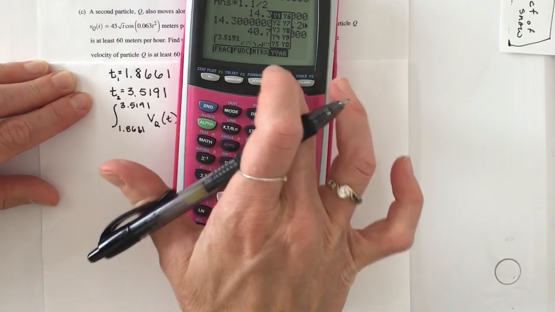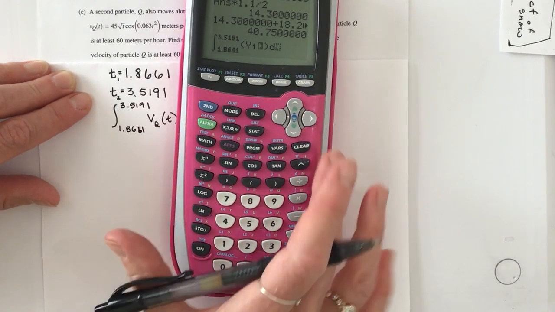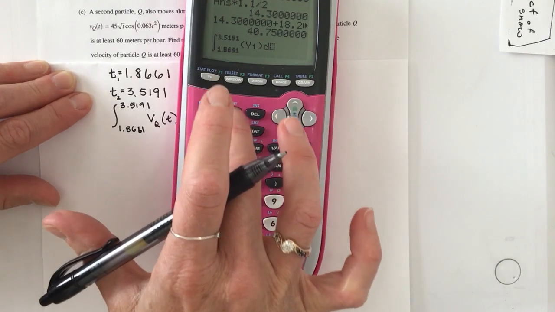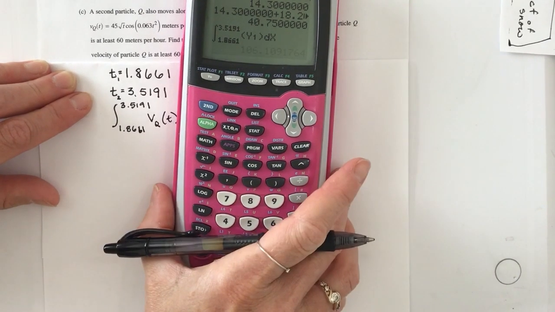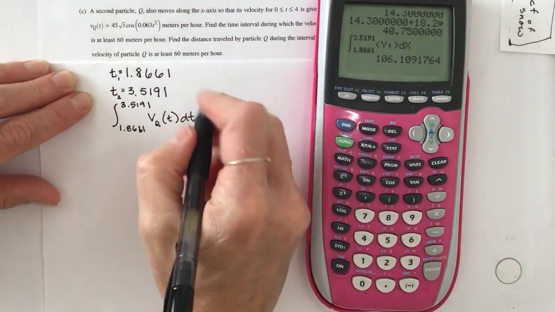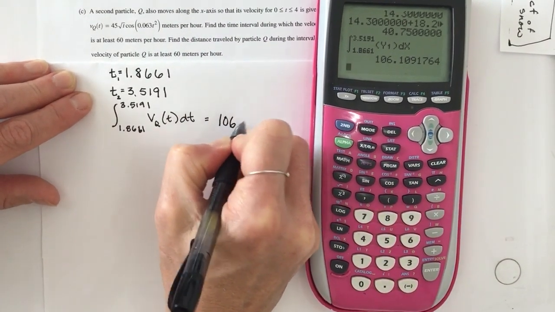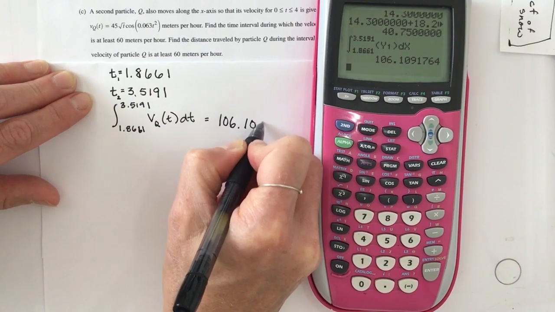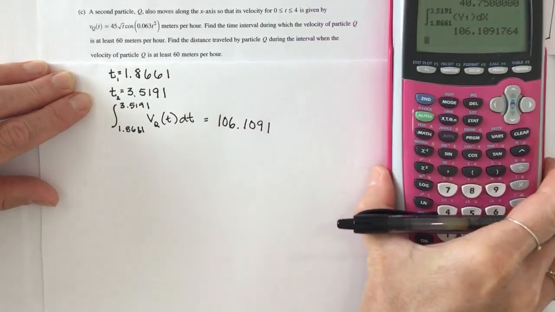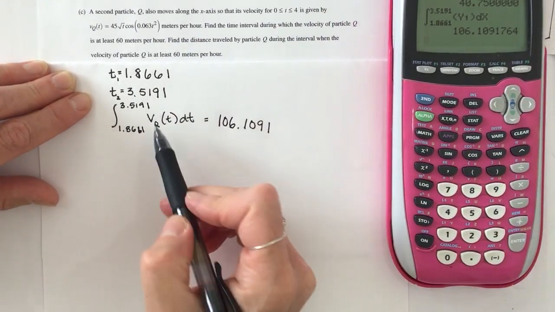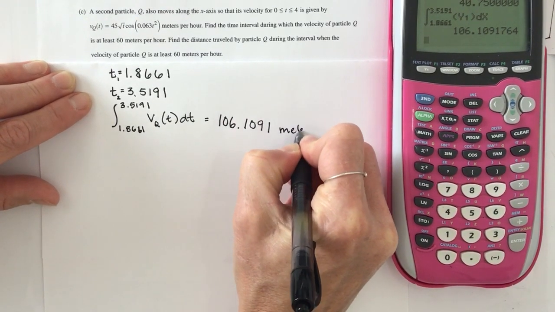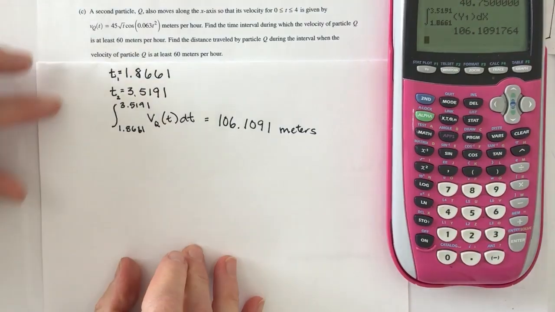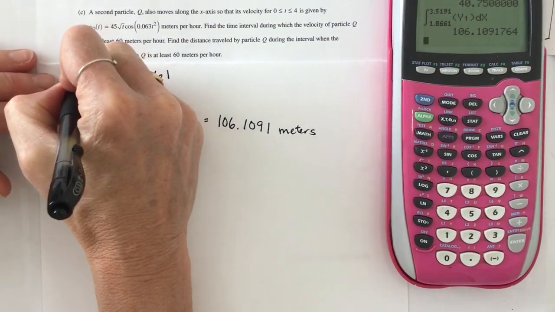So remember, alpha F4 gets us Y1, and our variable is X. And we enter that, and we get 106.1091. And so that is, we anti-derive velocity, we get position, so that's in meters. Okay, that was part C.